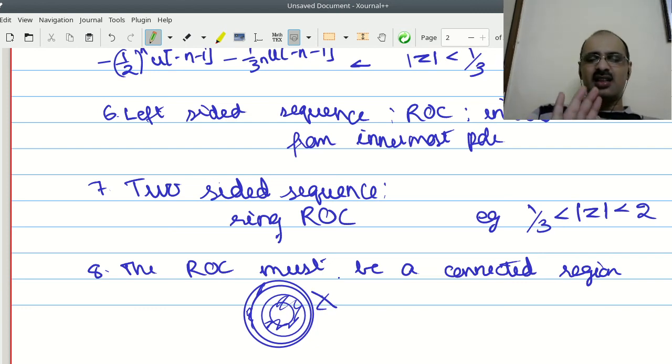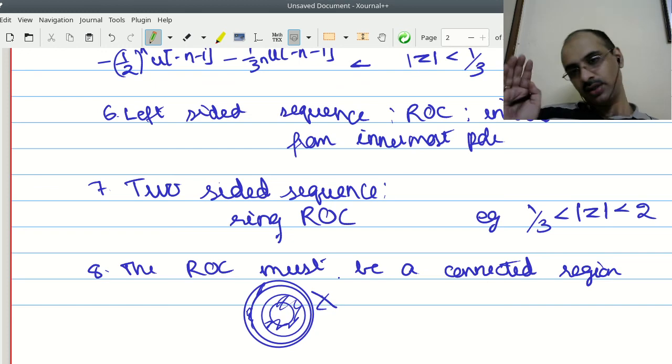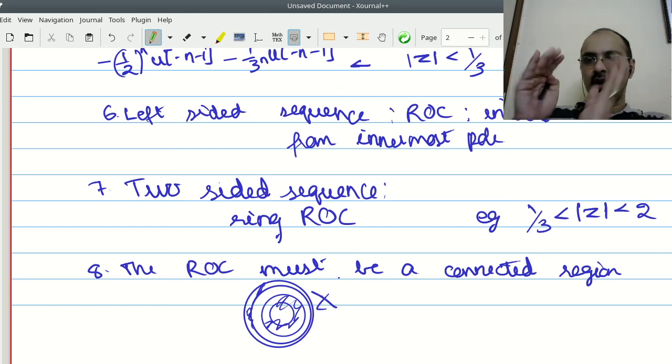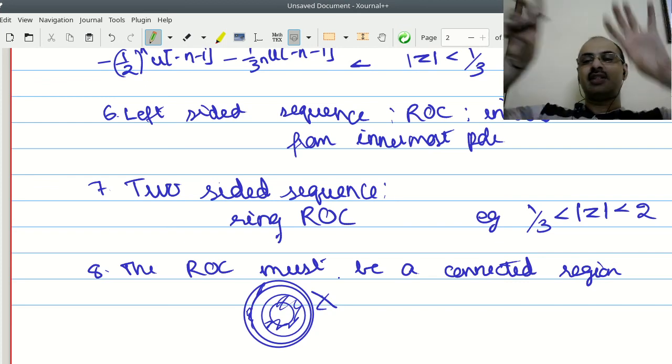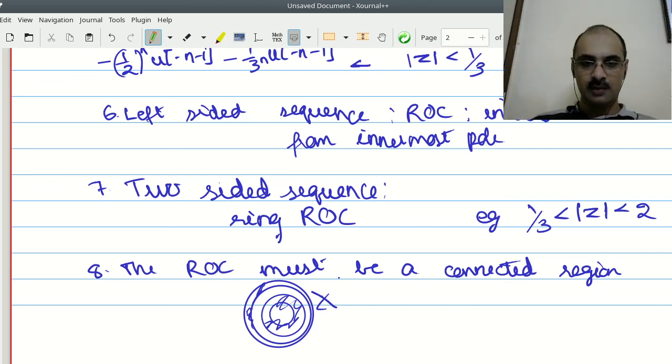This is not very difficult to see, because the ROC is always going to be attached to some poles if they exist. So it's always going to be between some two poles, and it's always going to be an equidistant region like a ring. Given that, the ROC is always going to be a connected region, and you are never going to have multiple disjoint patches for these kinds of sequences.